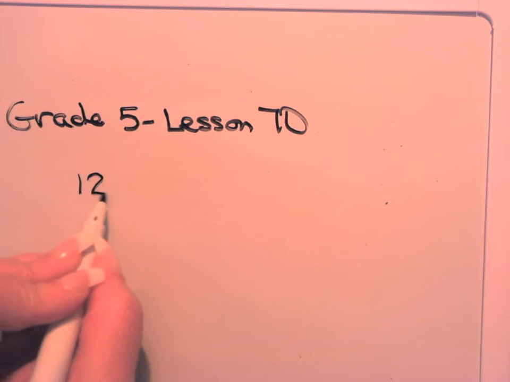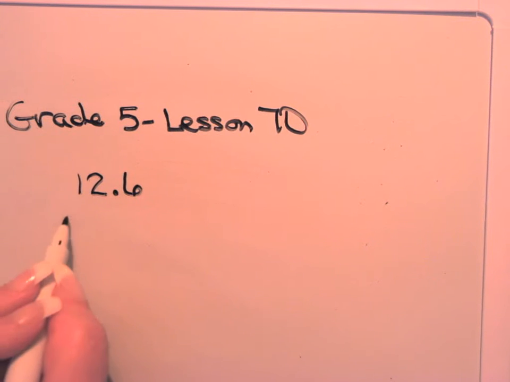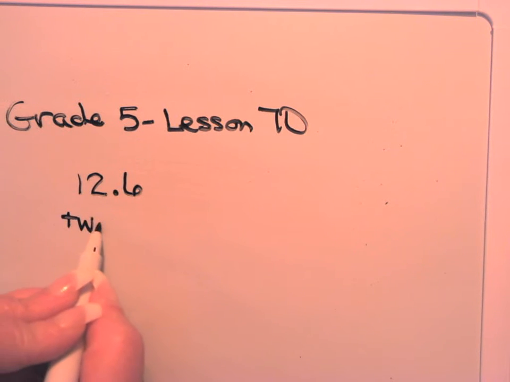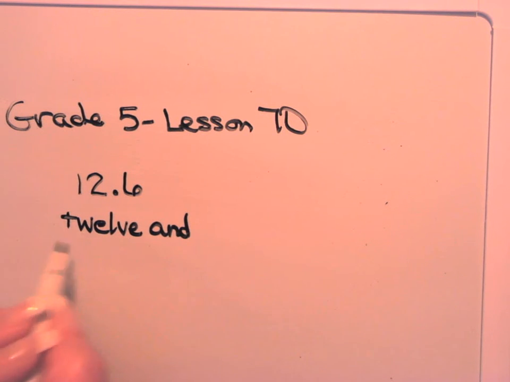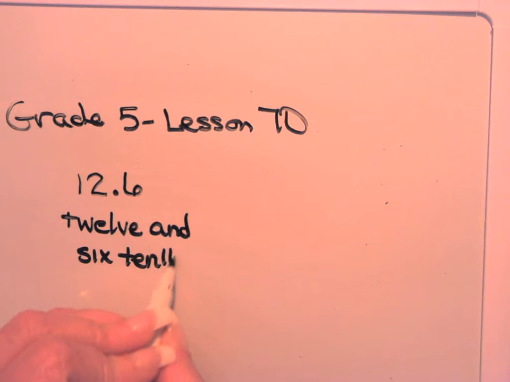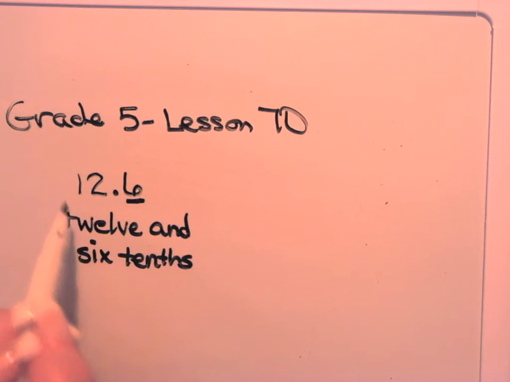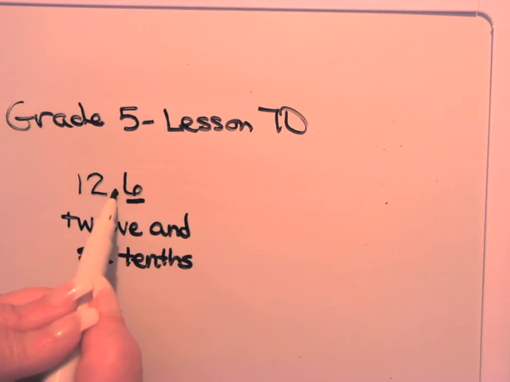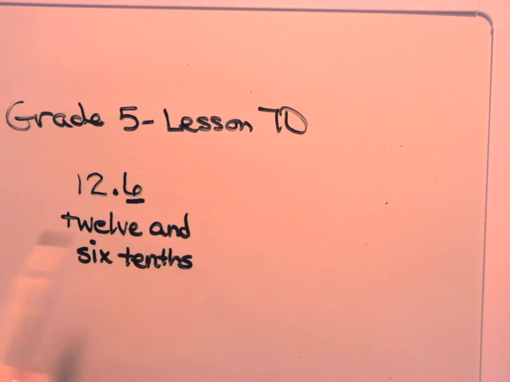So if I have 12.6 right here, we actually say that is 12 and 6 tenths, because when we look at the number here, the 6 is in the tenths spot. Remember, we write everything before the decimal, 12. The decimal point means and, then the 6 is in the tenths spot.